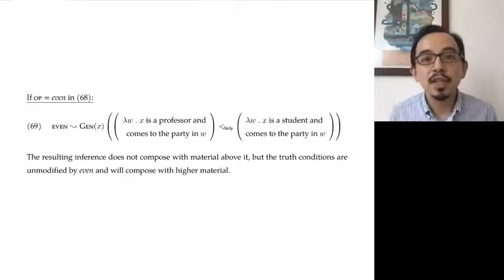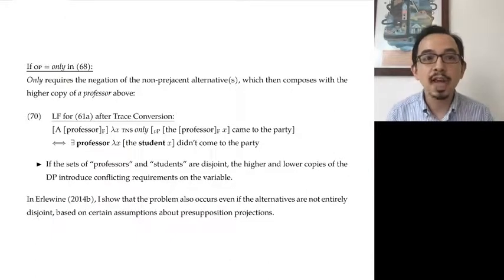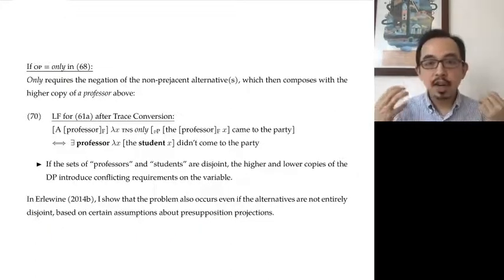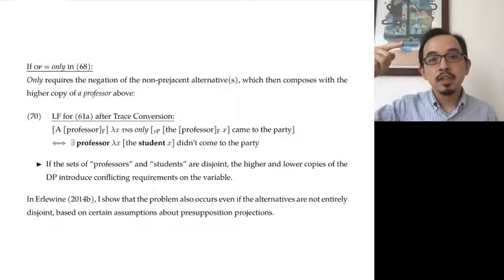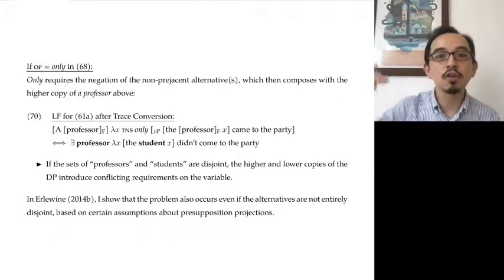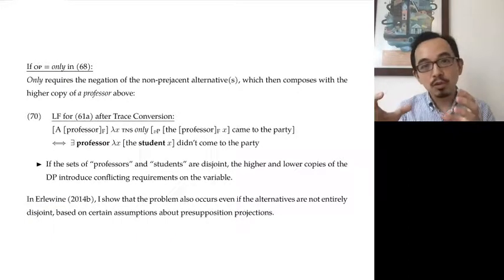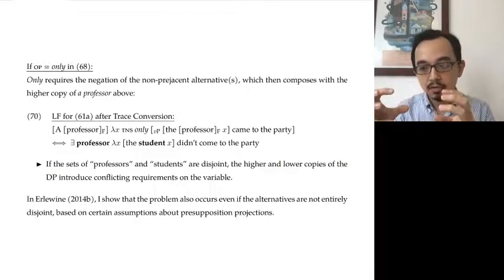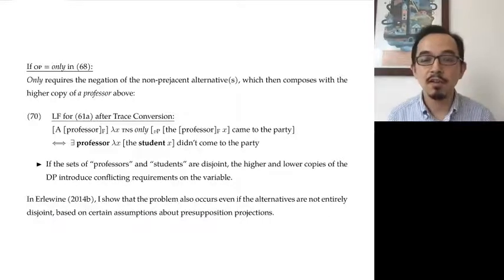What if we have only instead? Remember that the simple version is that only will create a new assertion, a new truth condition that says the negation of the non-prejacent alternatives, the negation of the other alternatives, are true. And then that will create a new at-issue meaning, a new ordinary value that then composes with further material above it.